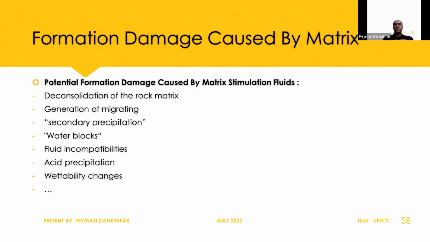But some formation damages are caused by the matrix, such as consolidation of the rock matrix, generation of migrating fines, secondary precipitation, water blocks, fluid incompatibility, acid precipitations, and wettability changes. These are our formation damages caused by the matrix. How can we control these formation damages? By a special additive that we use.